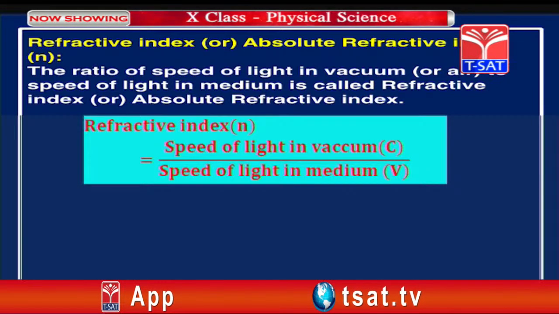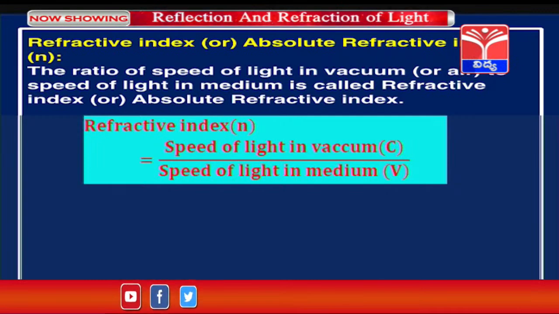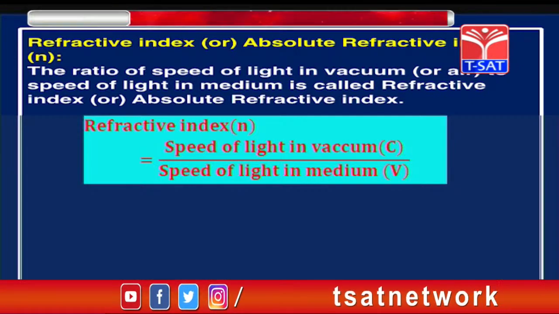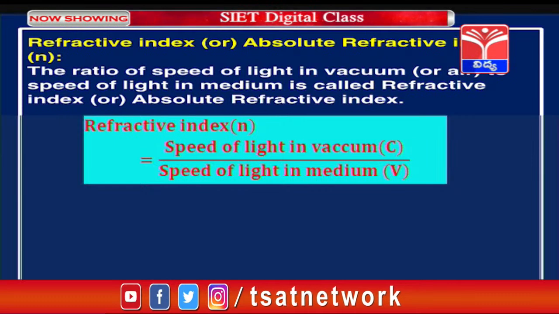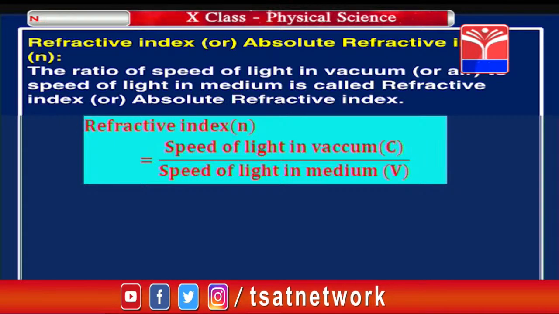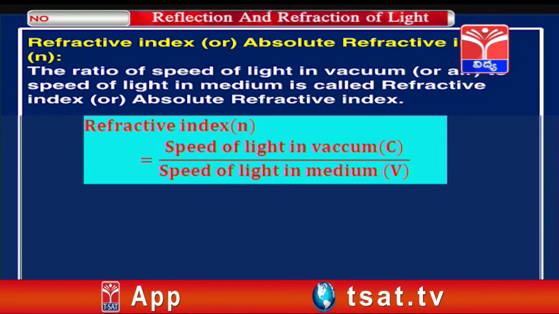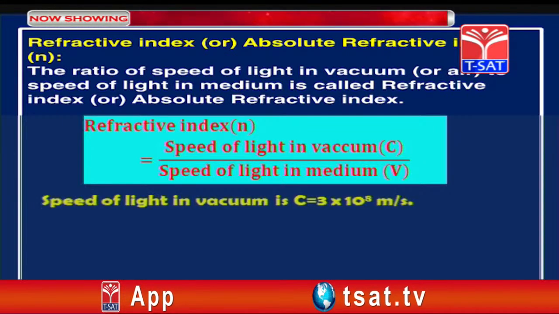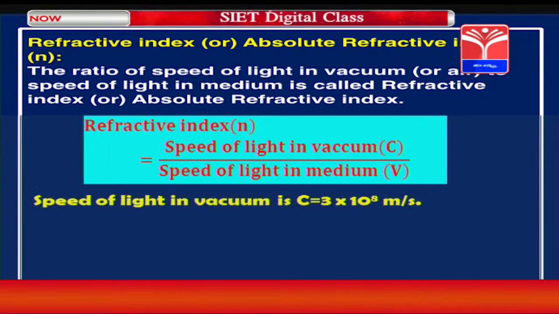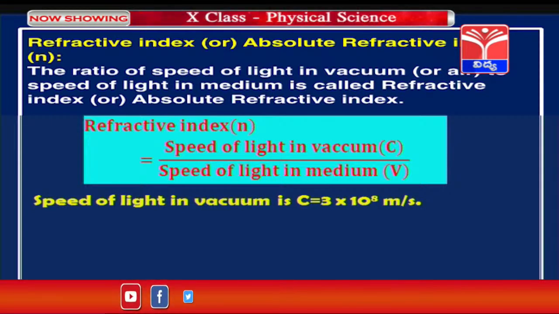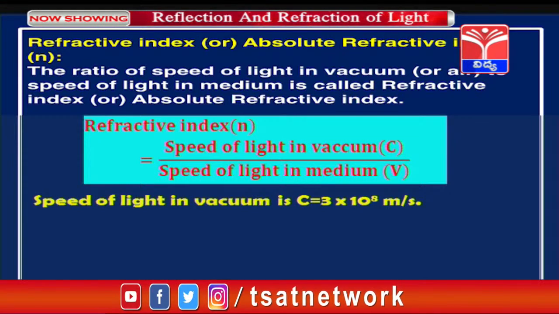Refractive index is equal to the speed of light in vacuum divided by the speed of light in the medium. Speed of light in vacuum is represented by c, and speed of light in the medium is represented by v. Students, remember, the speed of light in vacuum is 3 × 10^8 meters per second.